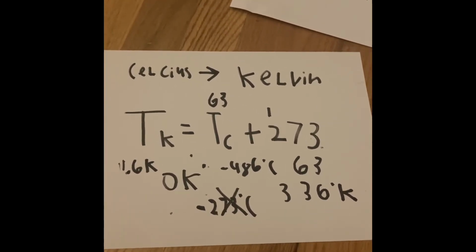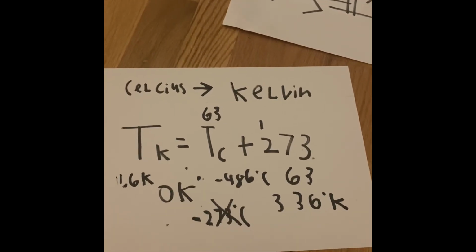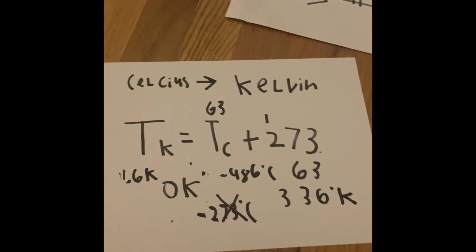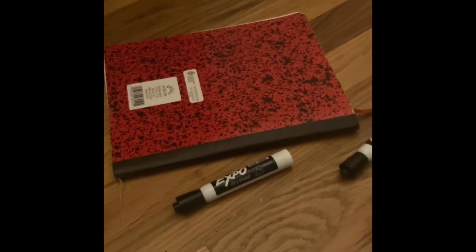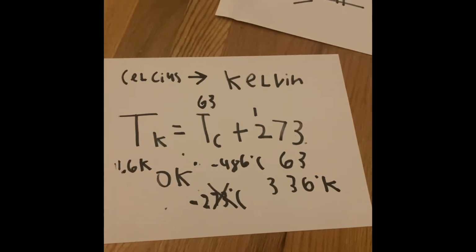And if you're in your chemistry class right now, the reason why people want to get to 0 degrees Kelvin is because molecules move everywhere. Like the molecules of this notebook, of this paper, of my skin, of this TV, whatever it's called. 0 degrees Kelvin means that nothing is moving.